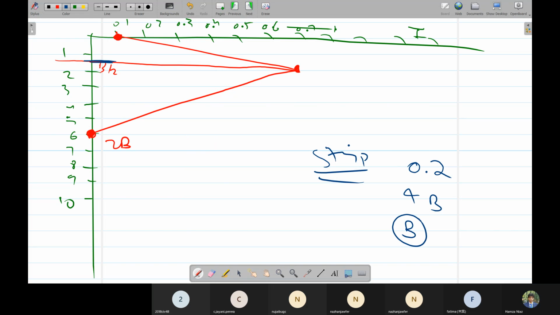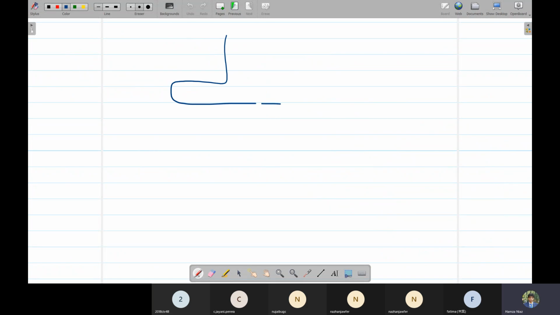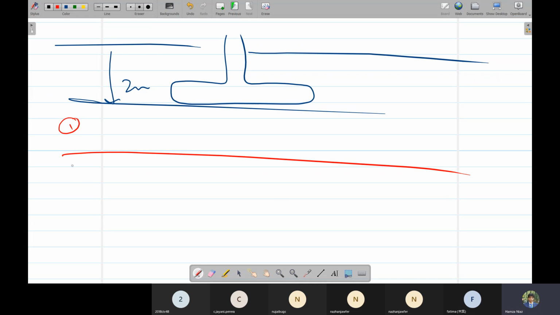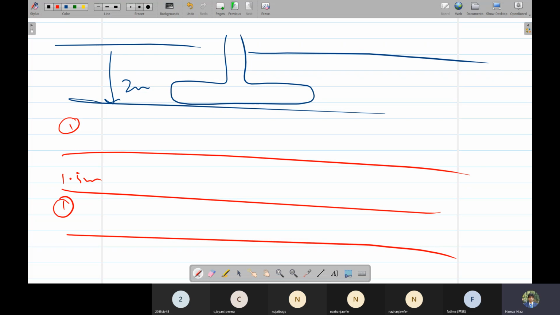For example, this is our footing at 2 meter depth. Our layer 1 was of 1 meter, then 1.5 meters, then again 1 meter. So the depth from the footing to the center of the layer would be 0.5 meter for the first one, because to the center of the layer it is 0.5.